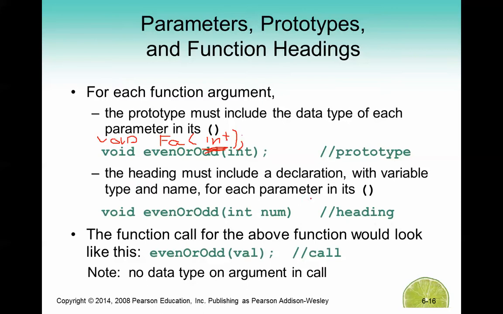Then the heading in the declaration of the function itself needs the whole thing. So I'm going to have void FA, and then in parentheses I'm going to have my int, and then the name of the variable. In this case we're using the letter x, right? That is the name.